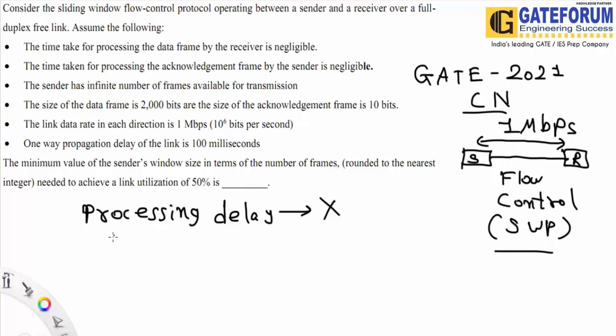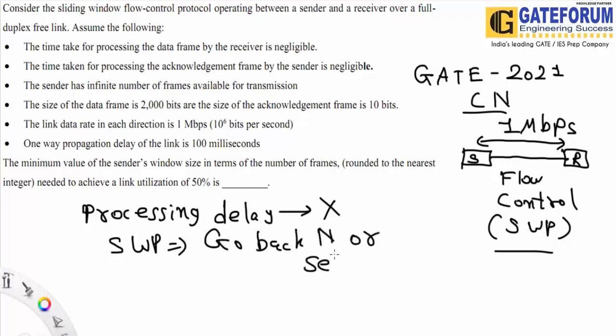Whenever we talk about the sliding window protocol, we either have the concept of go back N or selective repeat protocols.